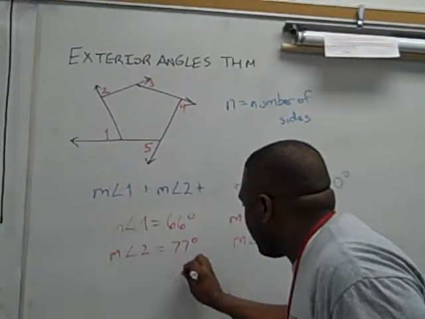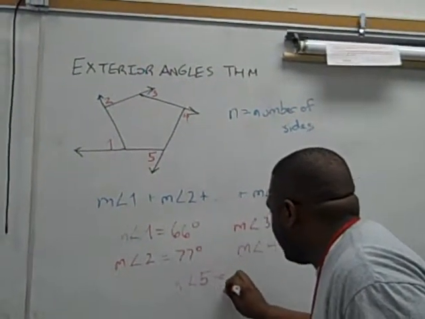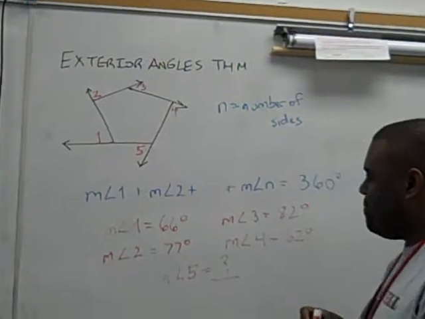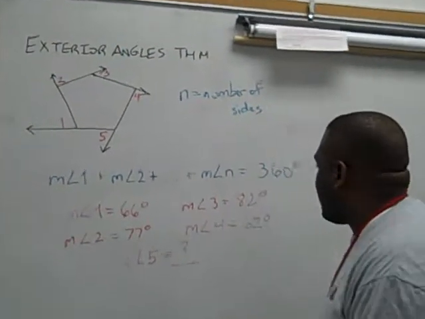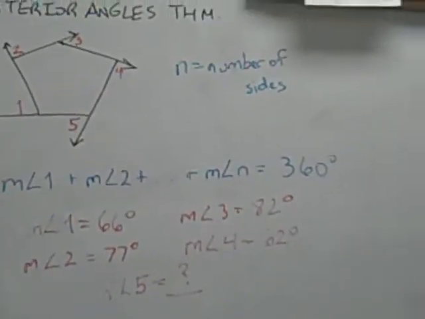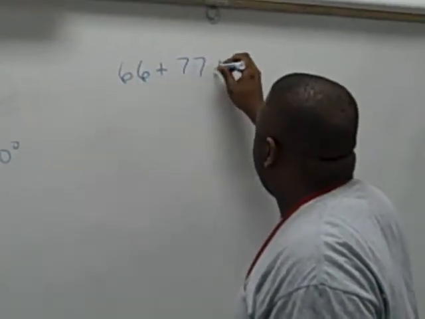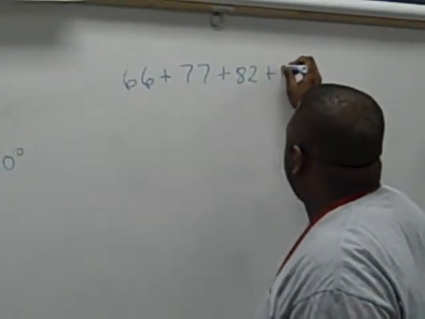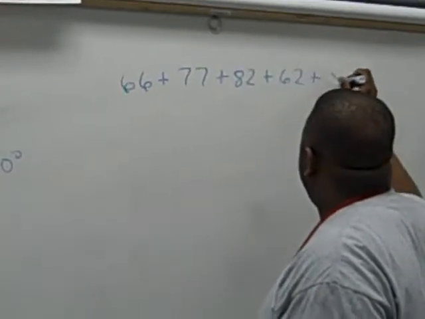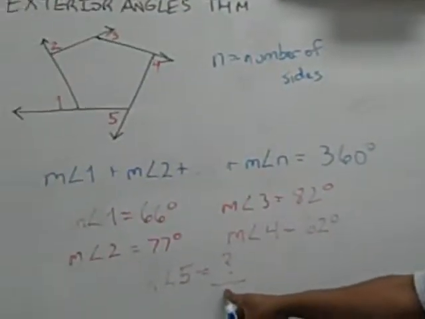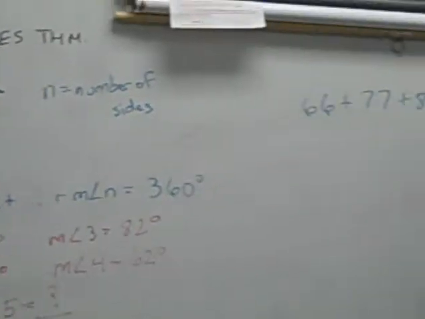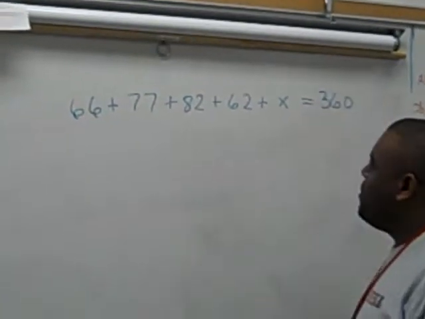So this is what we're looking for. Measure of angle 5. We don't know what that is. Okay? So here's how we're going to do it. Take 66, 77, 82, 62, and x, because we don't know what this is, and set it equal to 360 degrees.